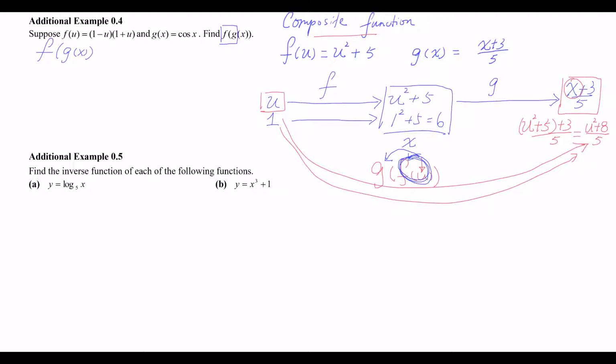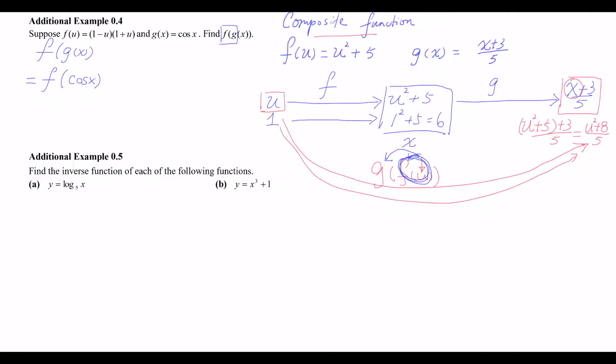We start from here. First we have x, and after the function g we get cosine x, and therefore g(x) is replaced by cosine x, and this will be our independent variable for function f.